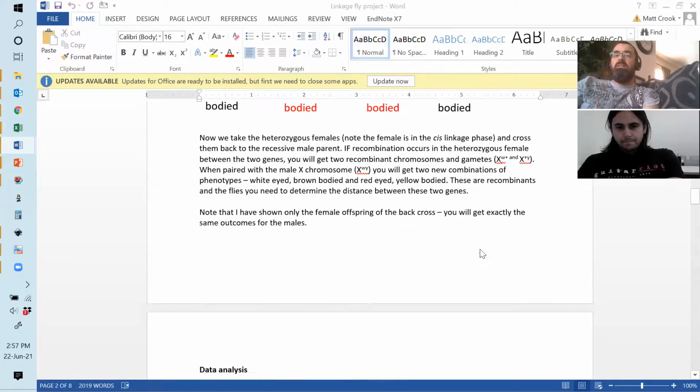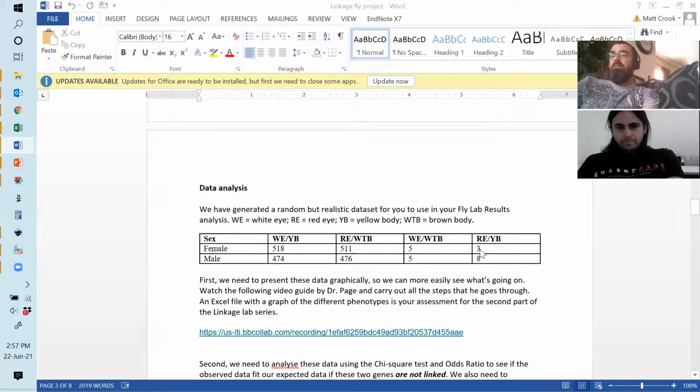And the data that you would have generated, actually, these are fabulous. These are really great data because there's a huge amount of individuals that have been scored. Sorry, I'm not immune to tiredness. And these are the white-eyed, yellow-bodied, red-eyed, wild-type bodies, and so on.